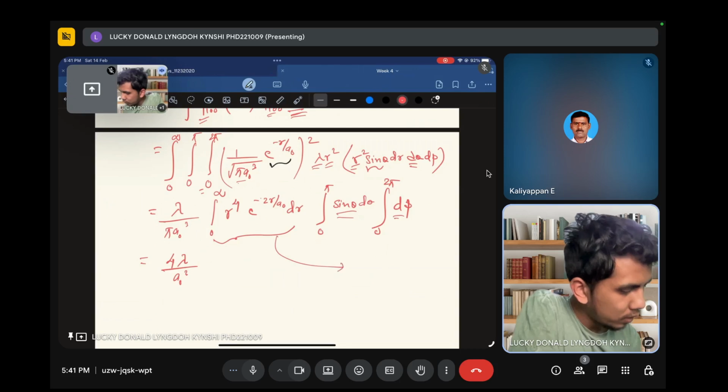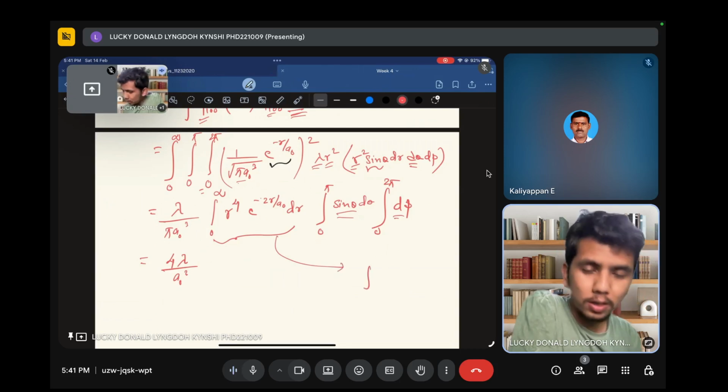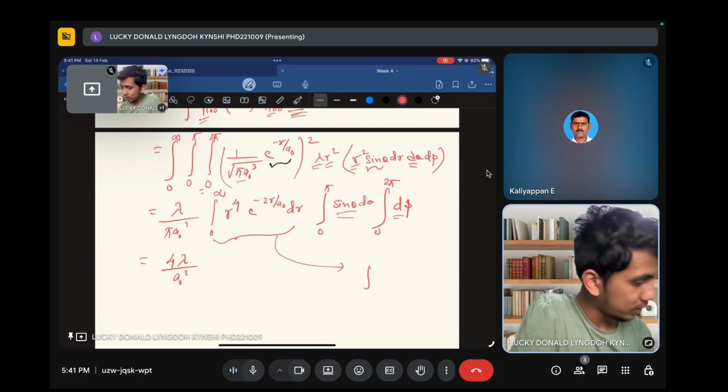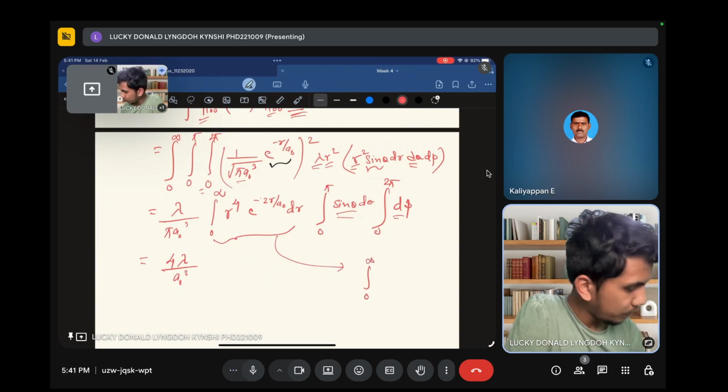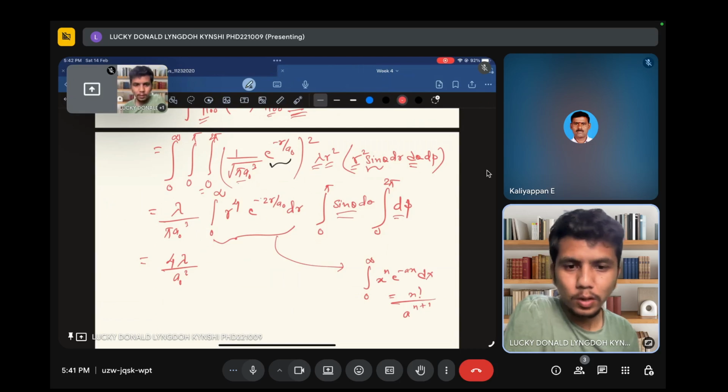And for this term here I can give you the standard integration: 0 to infinity x to the power n e to the power minus ax dx is equal to n factorial divided by a to the power of n plus 1. Okay, you can use this directly.